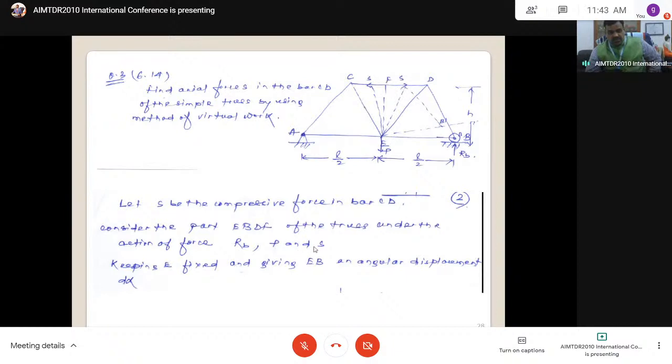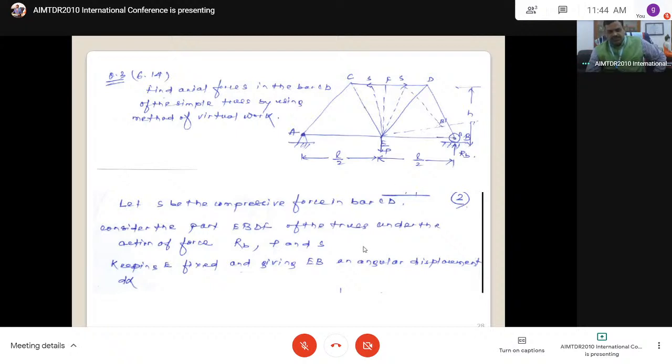Now, in a rigid body, we will try to neglect this. We are not considering any force of internal impulse. But if it is there, keeping one part fixed and giving EB an angular displacement, EB becomes EB dash. This is the center. Now D is moving to this location, and B moving to B dash.